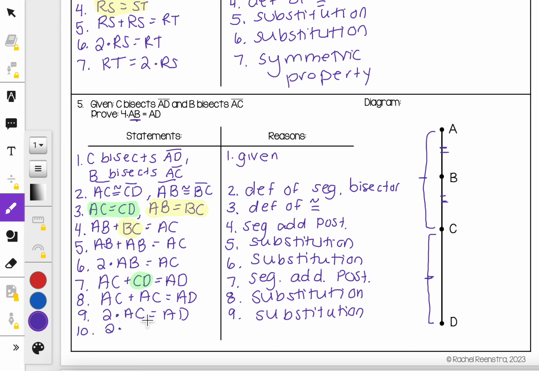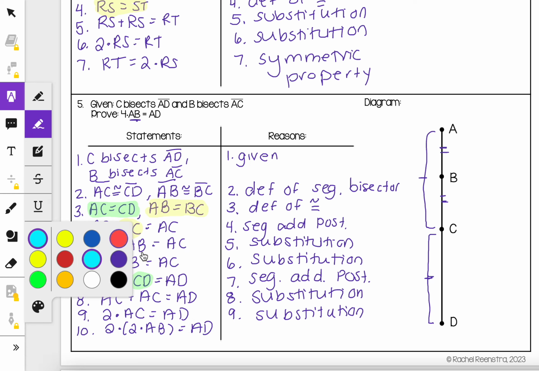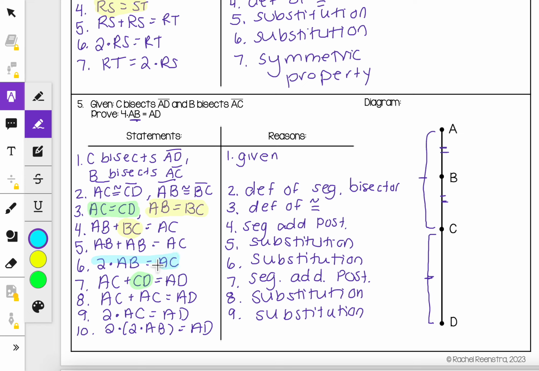So 2 times AC is equal to 2AB. This is a lot of substitution. It comes from right here: AC is equal to 2AB.